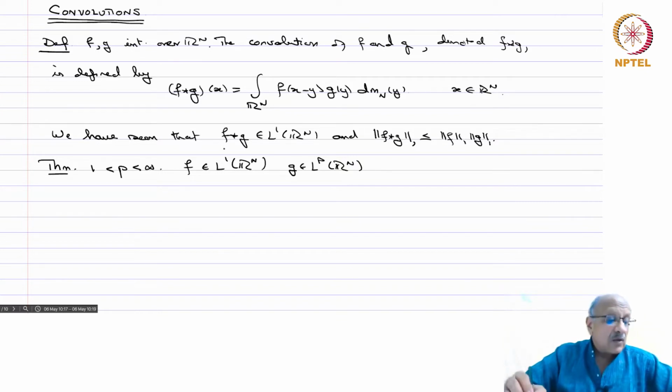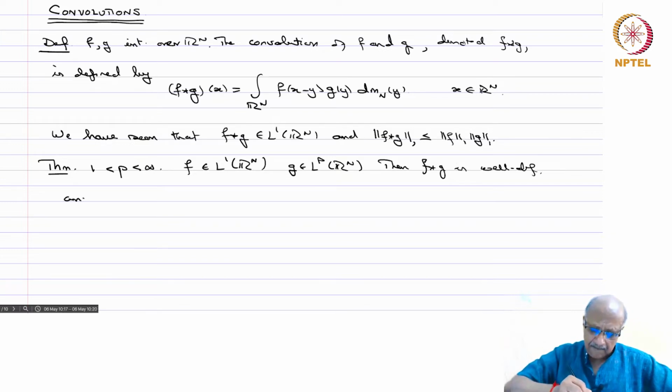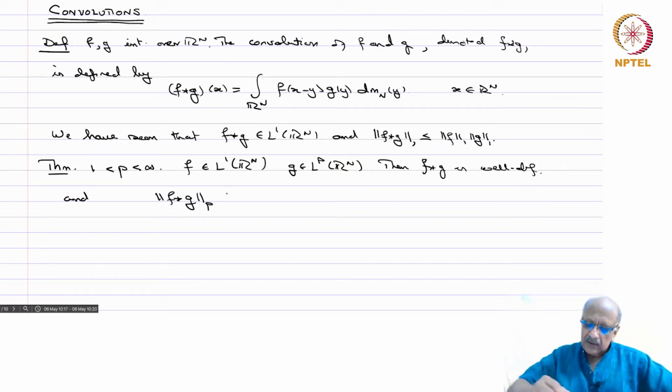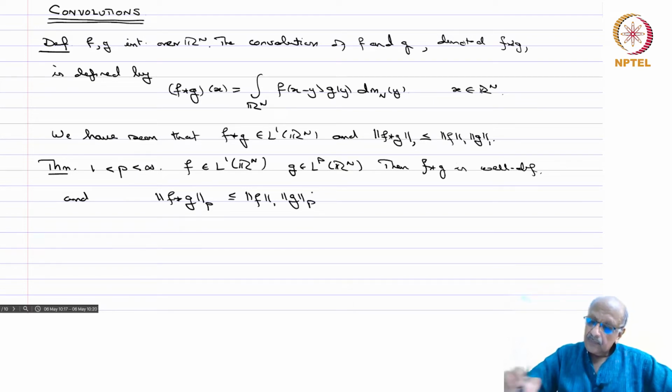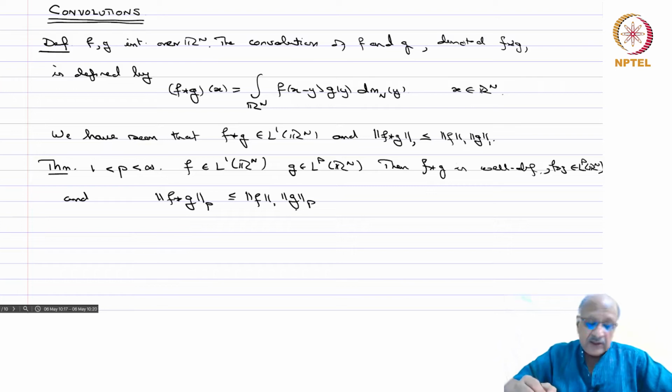Then f star g is well defined, f star g belongs to Lp of Rn, and the Lp norm of f star g is less than or equal to the L1 norm of f times the Lp norm of g. So if p equals 1, this is the old result which we already have.